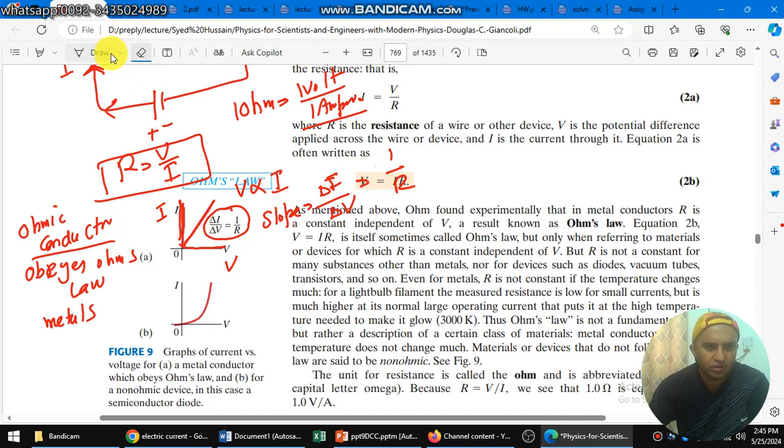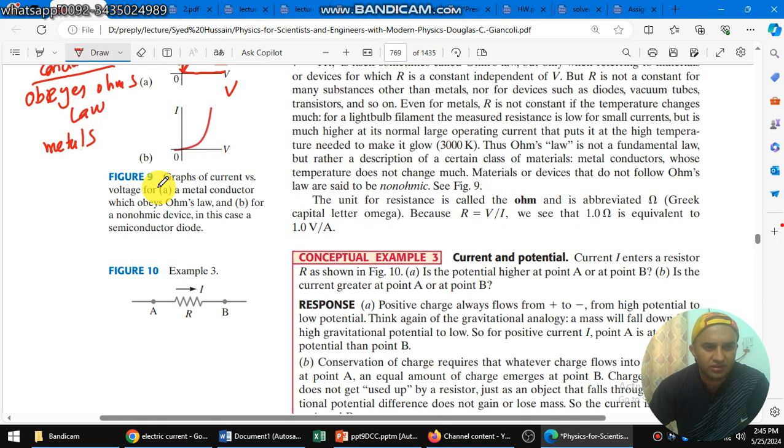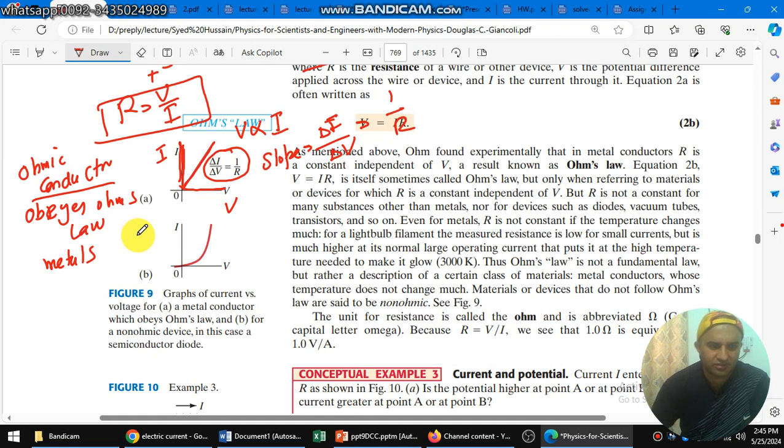Another type is the non-ohmic conductor. Non-ohmic conductors are those conductors which do not obey Ohm's law.